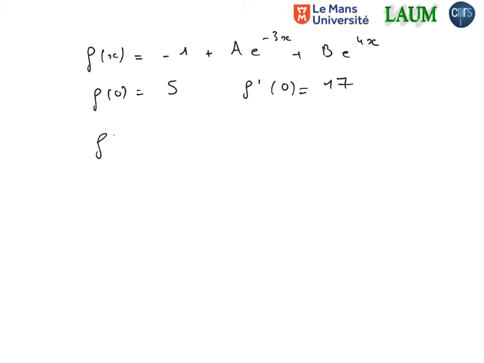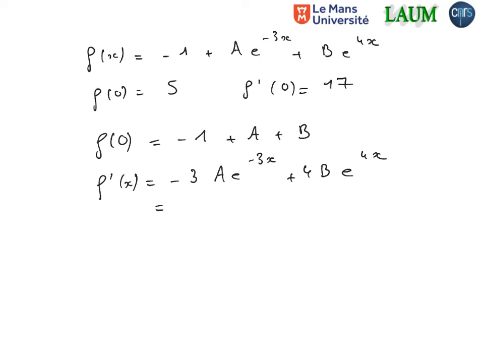So f of 0 is equal to minus 1 plus a plus b, because when x is equal to 0, the exponential is 1. And f prime of x is equal to, the derivative of minus 1 being 0, minus 3a e to the minus 3x plus 4b e to the 4x, so f prime of 0 is equal to minus 3a plus 4b.